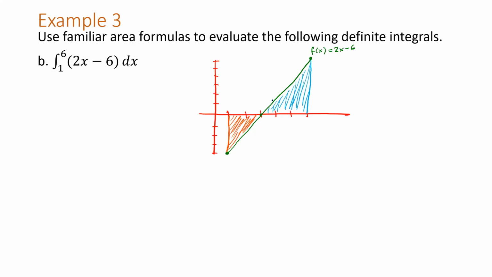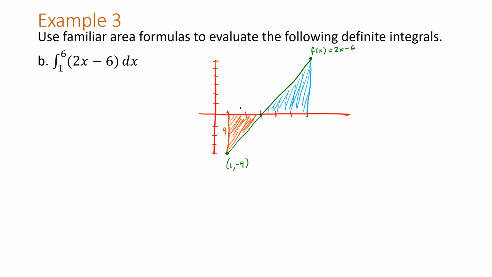So let's see. Again, let's break these down. Let's look at the first triangle here that lies below the x-axis. The point that we got at 1 was (1, -4). So that means the height of this triangle would be 4, right? So 4 along this side.